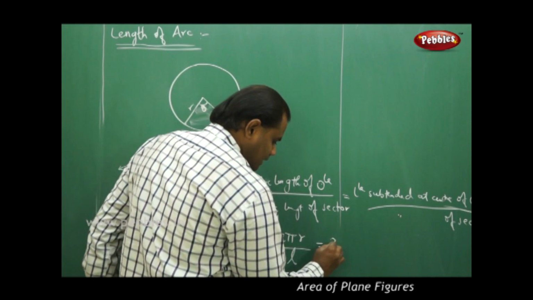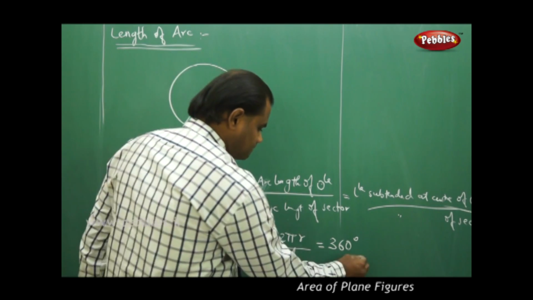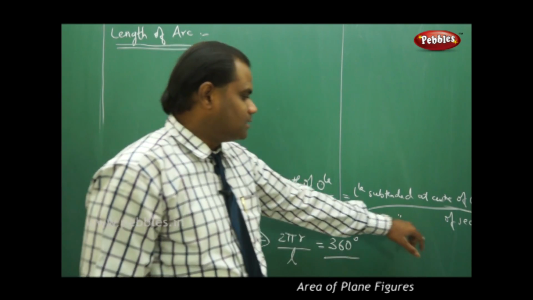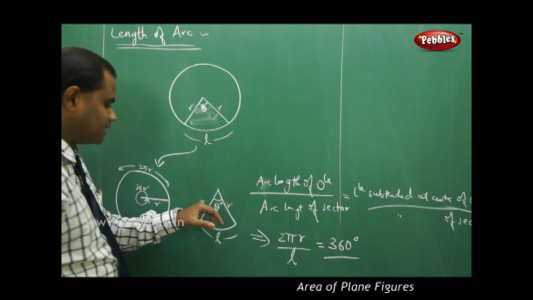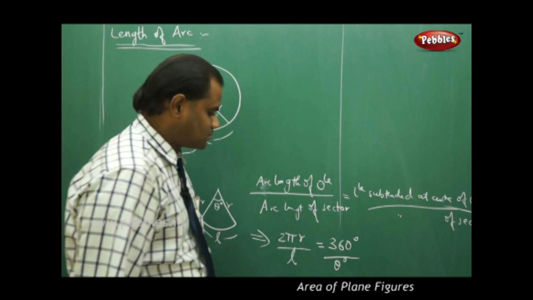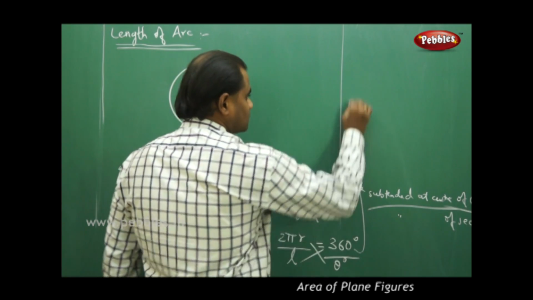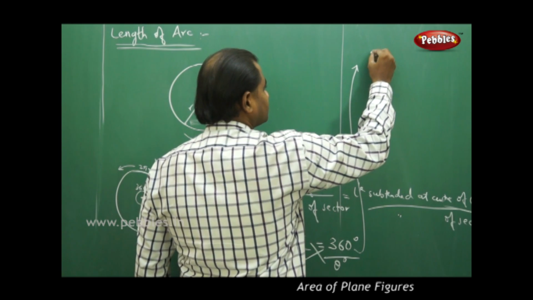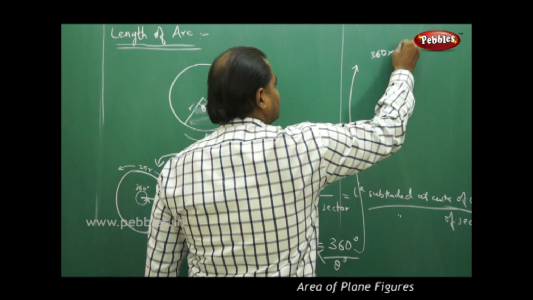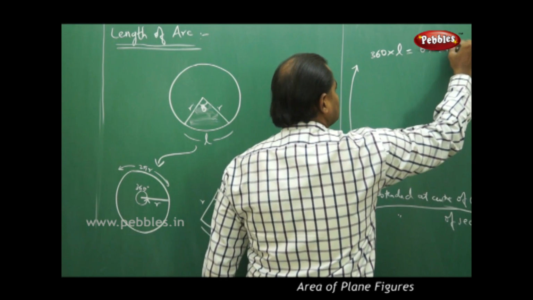Therefore, the subtended angle at center is 360 degrees. And the subtended angle of sector at the center is clearly theta degrees. So this would be correspondingly theta degrees. And on cross multiplication and further simplification, I get 360 times L is theta times 2 pi r.